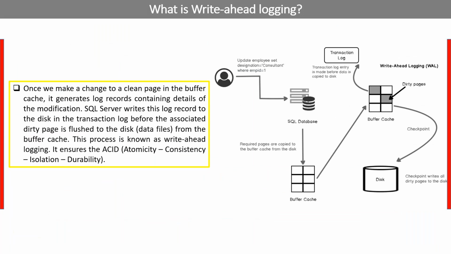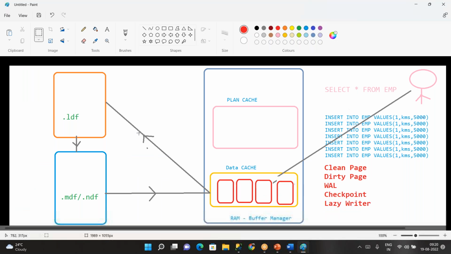Now, sir, there is a concept called WAL, write ahead logging. So what does WAL mean? Everyone has one question when you look at this diagram: why can't I move this data directly to the MDF file?